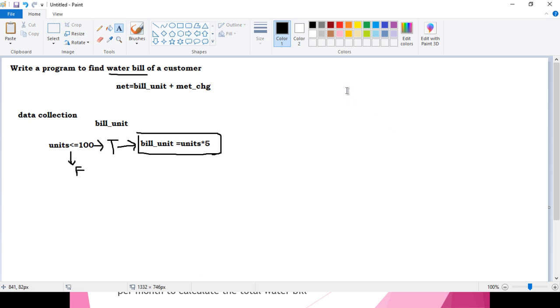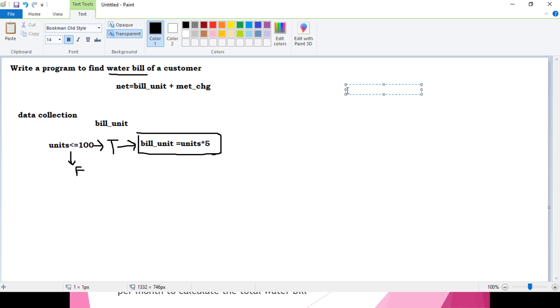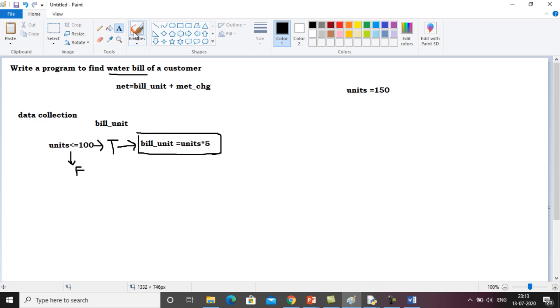Let me show you a little calculation. Suppose the units consumed by the person is 150 units. Obviously 150 is not less than 100, so this will not be the case. So how is this 150 units divided?